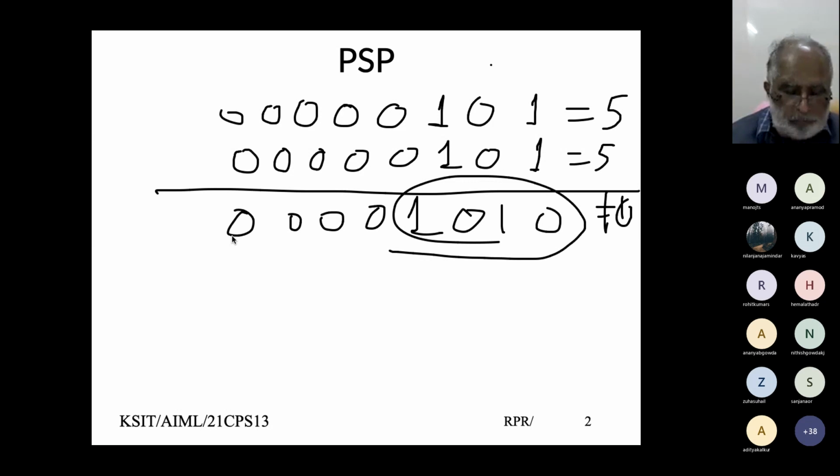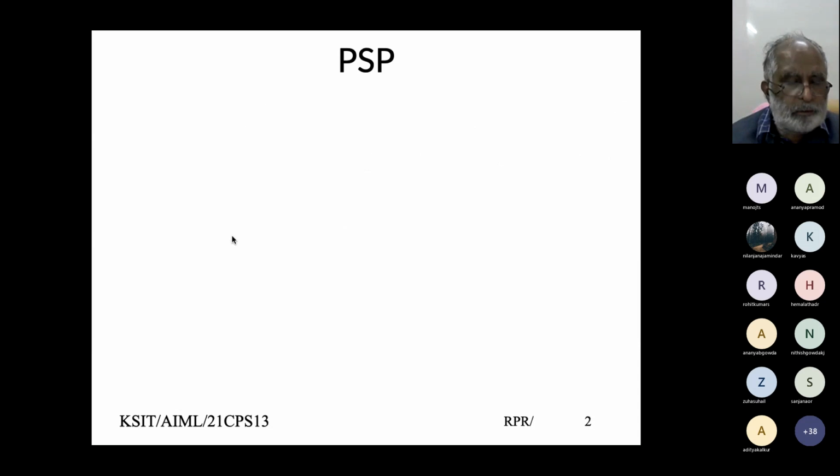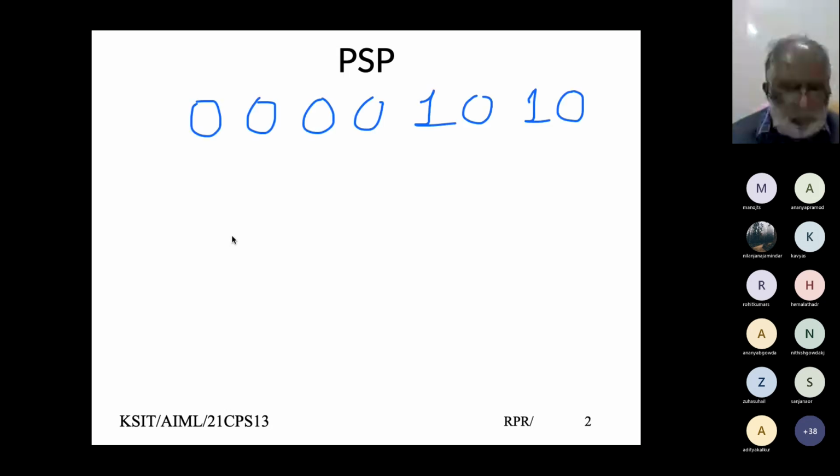Then take another example. Let me add two numbers, plus 10 and minus 5. So plus 10 would be 0 0 0 0 1 0 1 0. What was minus 5?